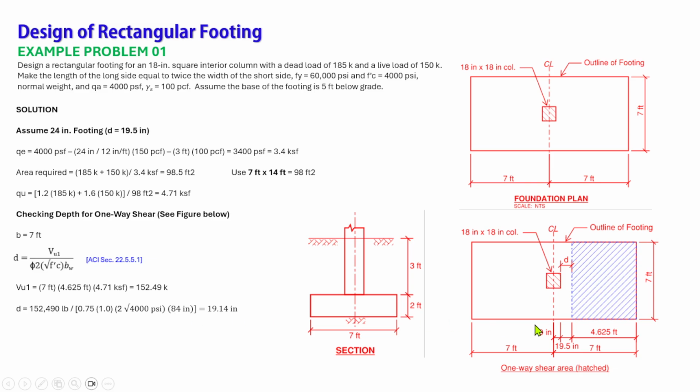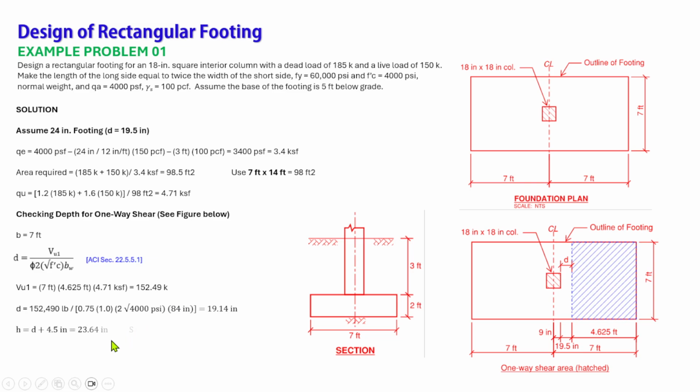That is the width of the footing, 7 feet times 12, that is 84 inches. So equal to 19.14 inches. This is the required depth based on this equation for one-way shear.